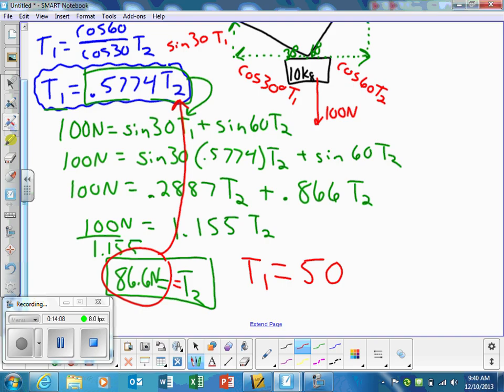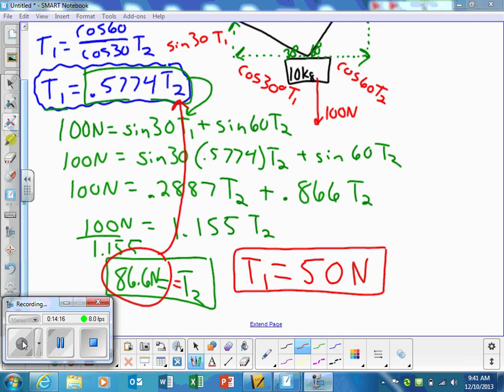Okay, so 50 newtons for T1. Do you have any questions about this process? Well, we'll give you some practice and see if you can apply this now. Okay? Enjoy.